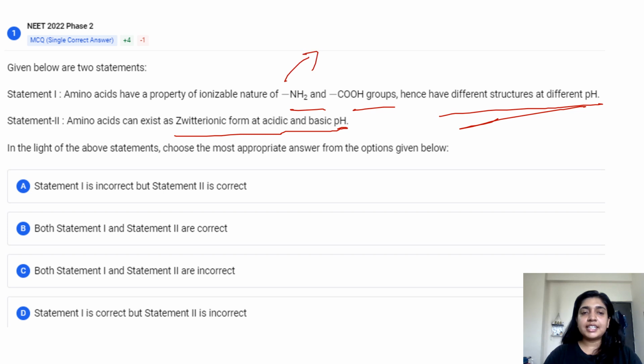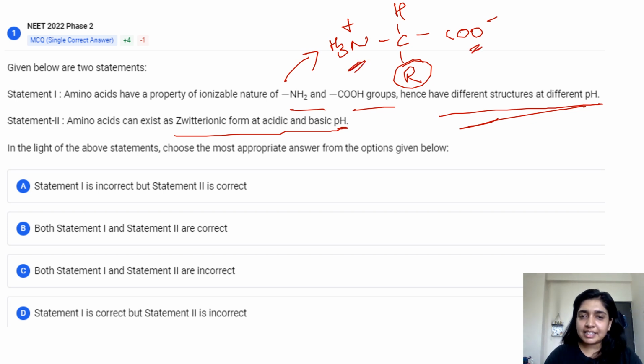So, in this statement, amino acids have a property of ionizable nature, which is true, right? Because amino acids look something like this: NH3 plus, COO minus, H, and R group. So, in this case, NH3 plus is an ion, COO minus is an ion. So amino acids have a property of ionizable nature of NH2 and COOH groups.